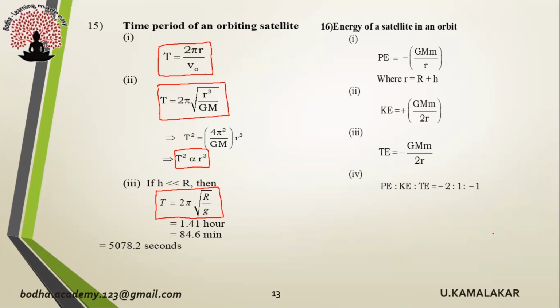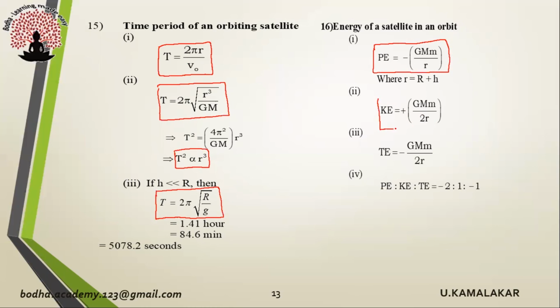Energy of satellite in an orbit. A satellite revolving in an orbit will have potential energy, kinetic energy, and total energy. Potential energy is given as minus G capital M small m by r, where capital M is mass of planet, small m is mass of satellite, and r is distance between centers of planet and satellite.